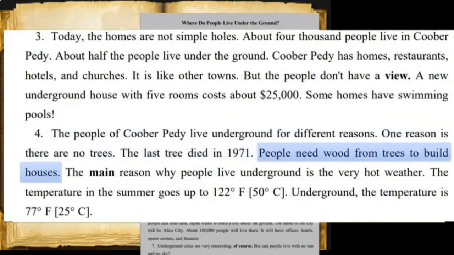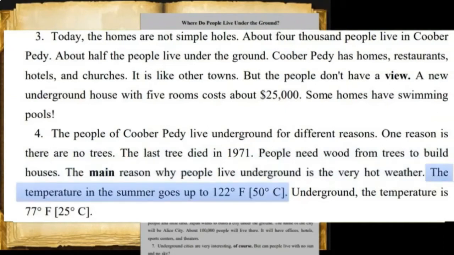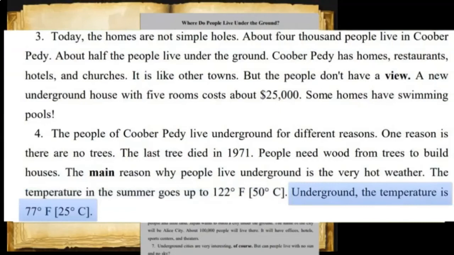People need wood from trees to build houses. The main reason why people live underground is the very hot weather. The temperature in the summer goes up to 122 degrees Fahrenheit, 50 degrees Celsius. Underground, the temperature is 75 degrees Fahrenheit, 25 degrees Celsius.